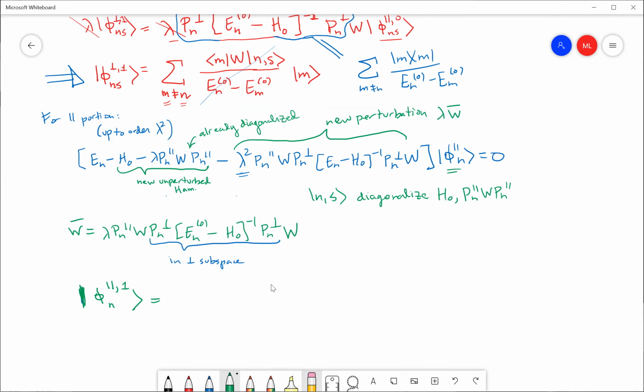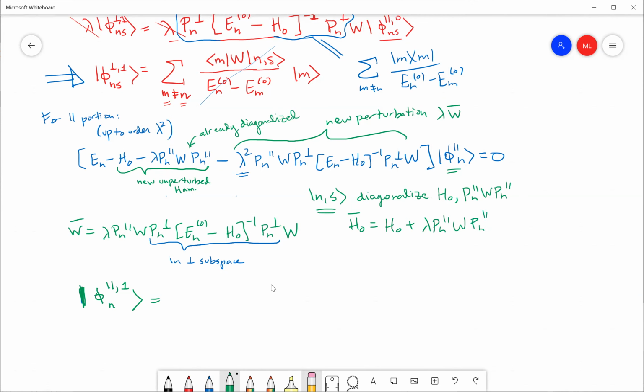But here, what is our unperturbed Hamiltonian? These are the relevant eigenstates of the unperturbed Hamiltonian, and they have our new, so they call it H naught bar, which is H naught plus lambda PN parallel W PN parallel.